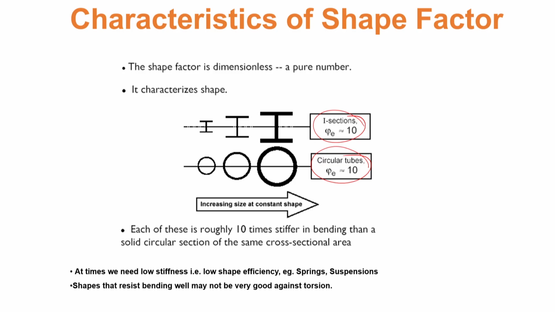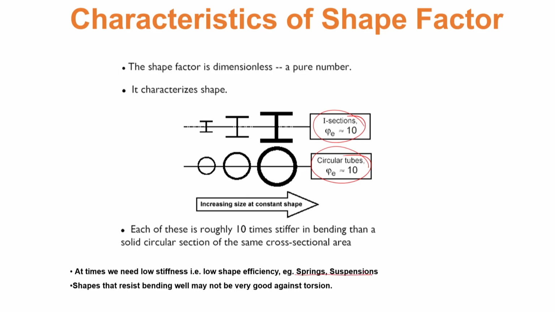Secondly, as we keep the shape constant, we get roughly this shape factor 10, which means with respect to the cylinder it is 10 times stiffer. So, we get more and more stiff system. Now, sometimes of course, we may need low stiffness, like springs or suspensions.